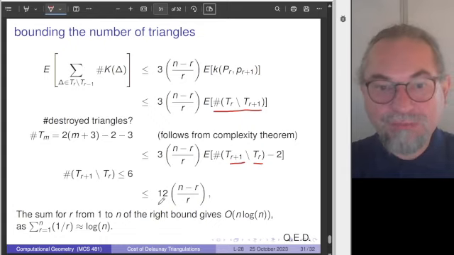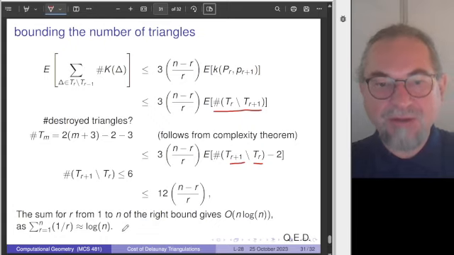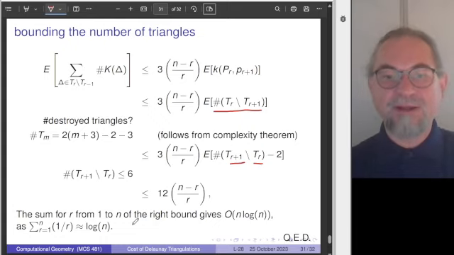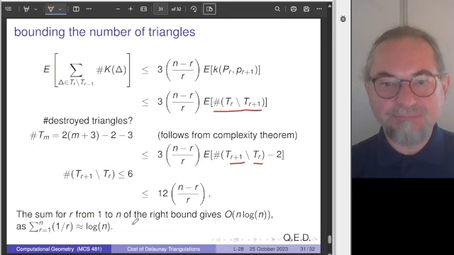And this proves the lemma and therefore also the main result. Remember the harmonic numbers, where we can bound the sum of the 1 over r, so we let r go from 1 to n. This gives the logarithm. So we have the n log n proof of the lemma.